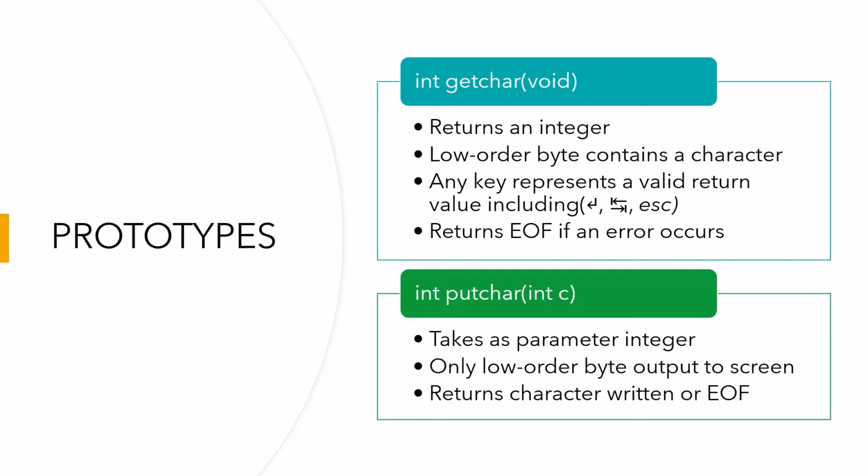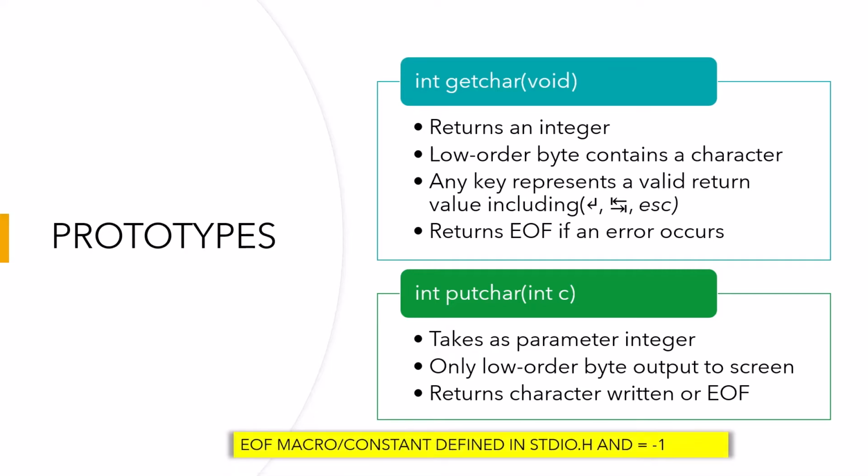But what is EOF? EOF is defined in stdio.h as a -1. That's an integer, right? And therefore both these return integer, because just in case there's a failure, then they need to return a -1, and of course they'll need those 4 bytes to represent -1.